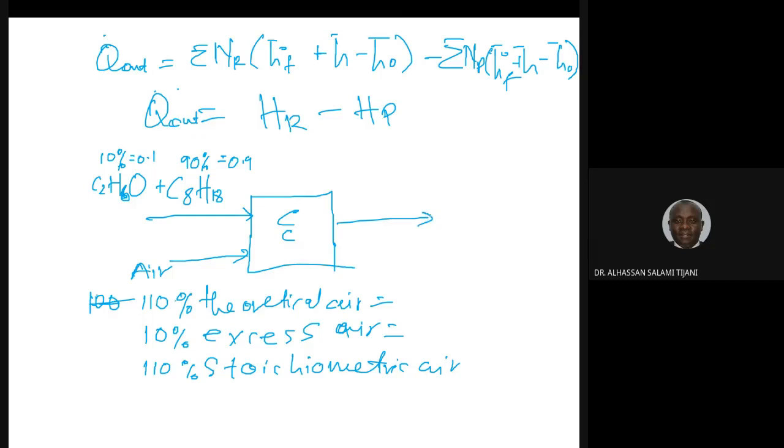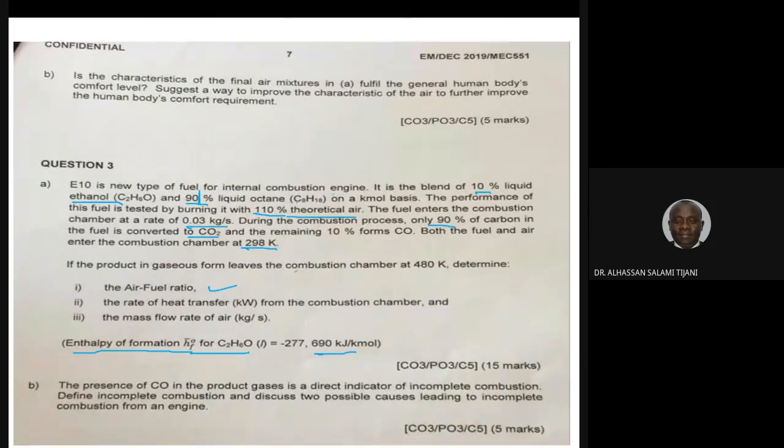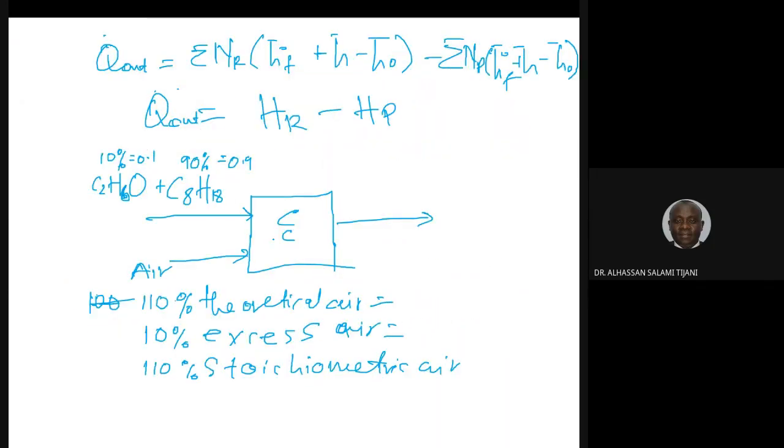On the product side, we are told that during the combustion process, only 90% of the carbon in the fuel is converted to CO2, and the remaining 10% forms CO. So we need to account for it.